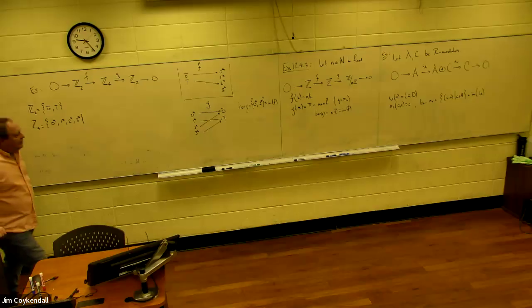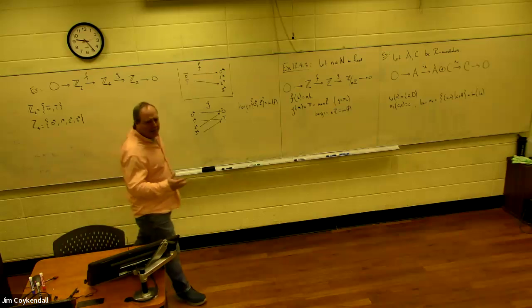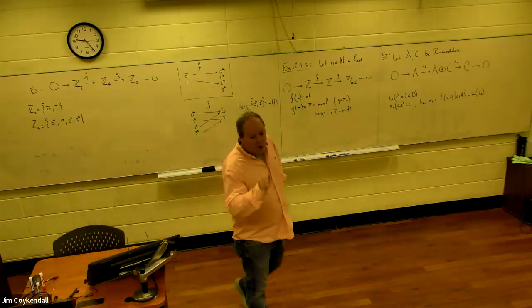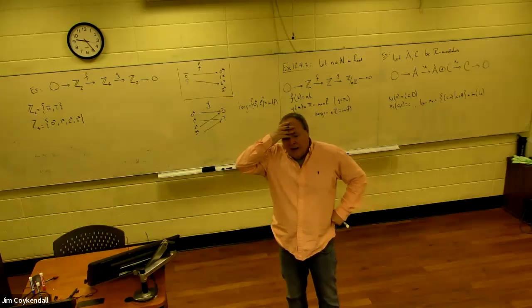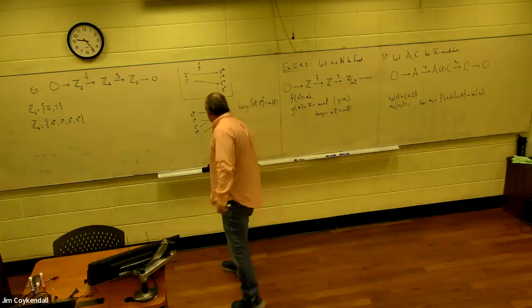Let's generalize this example. This is another reason that short exact sequences are so important. If I give you a general homomorphism of R-modules, I can use that to build a short exact sequence.